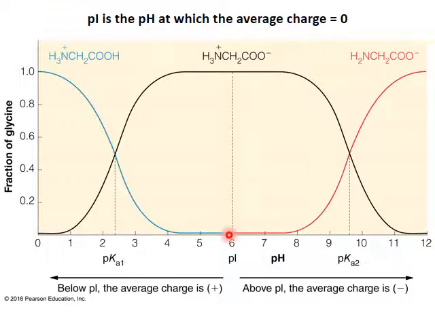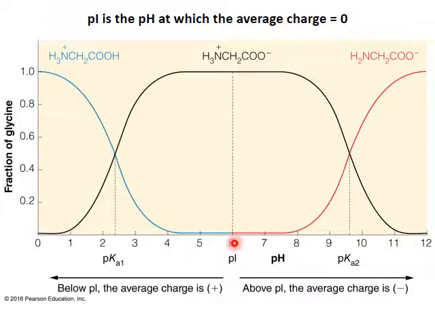So the pI is the pH at which the zwitterionic form is available. In any situation in which you know the pI of the zwitterionic form, if the pH is above the pI, you're going to have more of the negative species present.